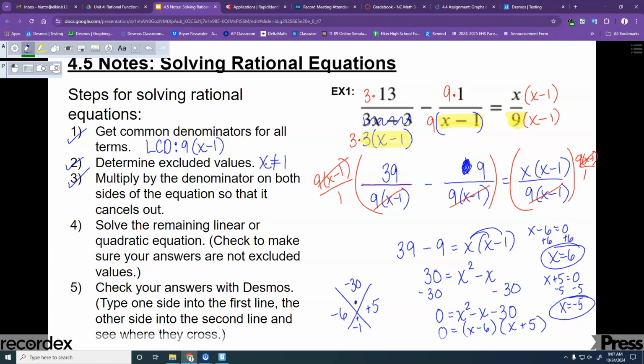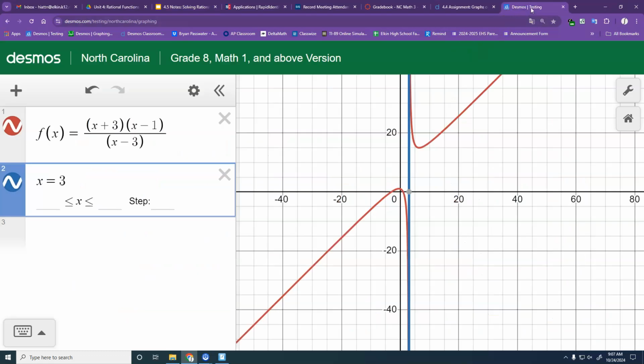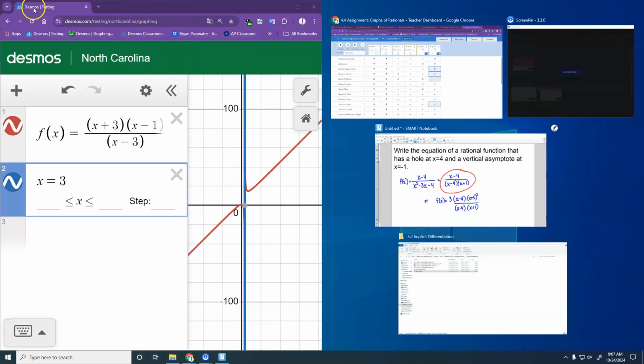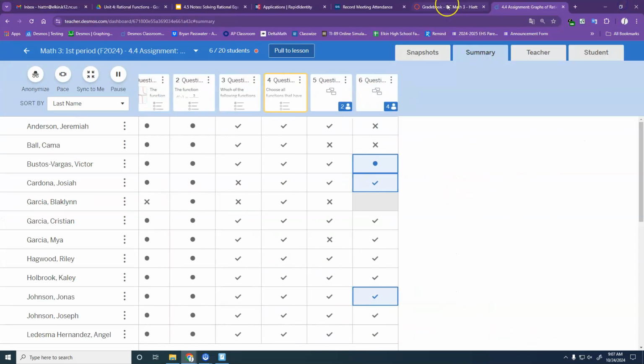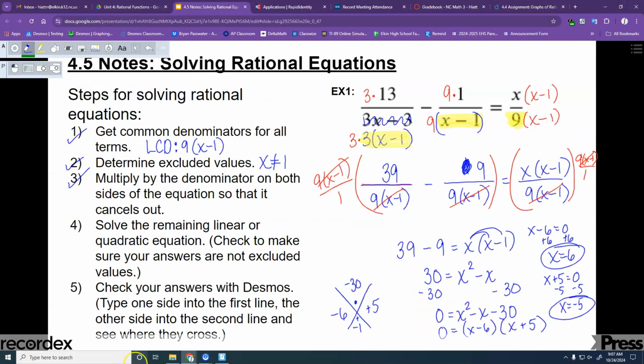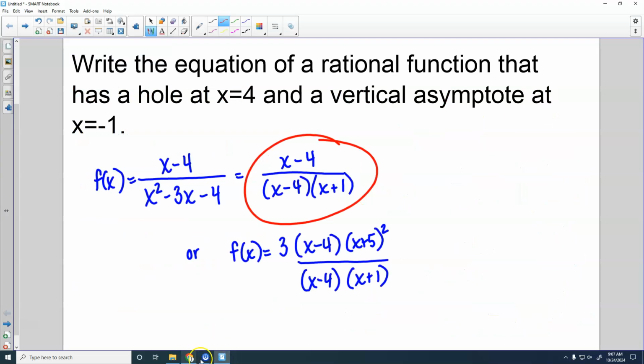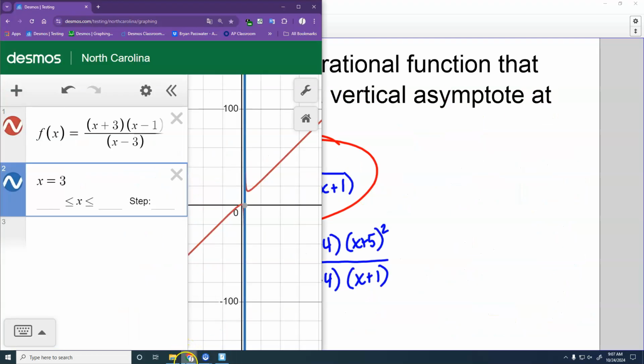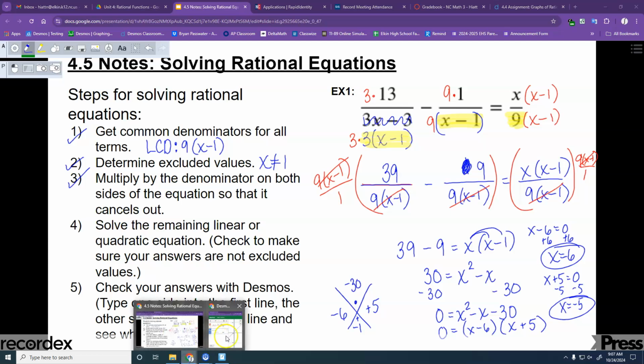Okay, we can check this with Desmos. So if I pull up Desmos here, there we go.